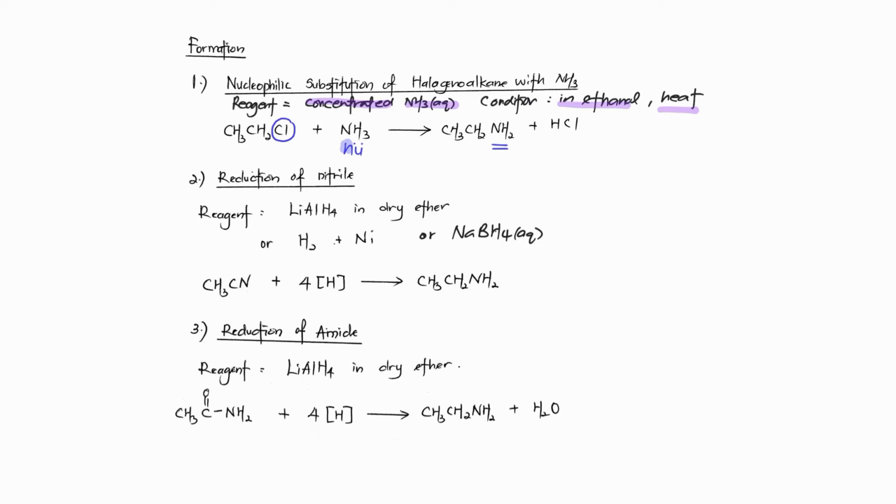The next one is reduction of nitrile. Nitrile is a functional group where we have CN attached to an alkyl group. Nitrile will undergo reduction to give us amine.